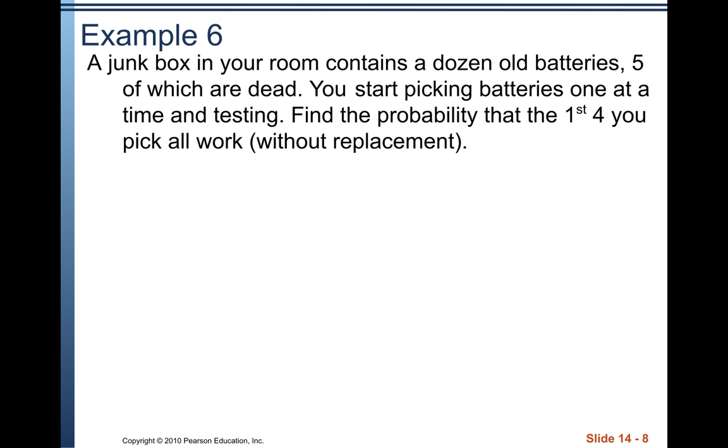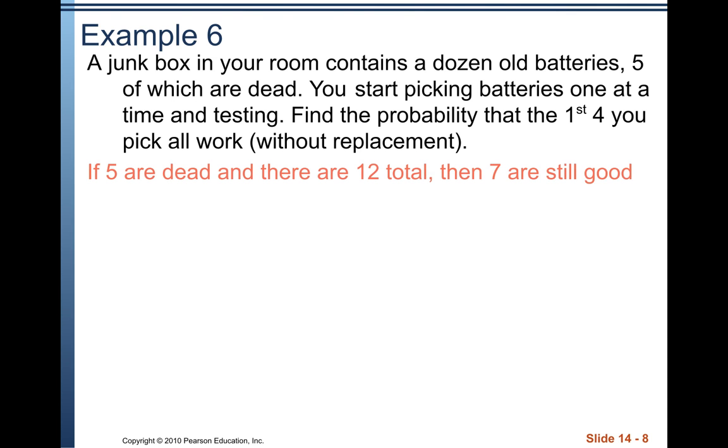So the key in this case is that there are a dozen total batteries. A dozen is 12. And I know that 5 of them are dead. So if 5 of them are dead, and there are 12 total, then I know that 7 out of those 12 still work.